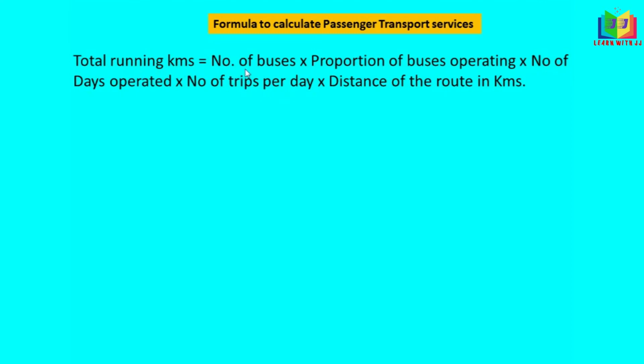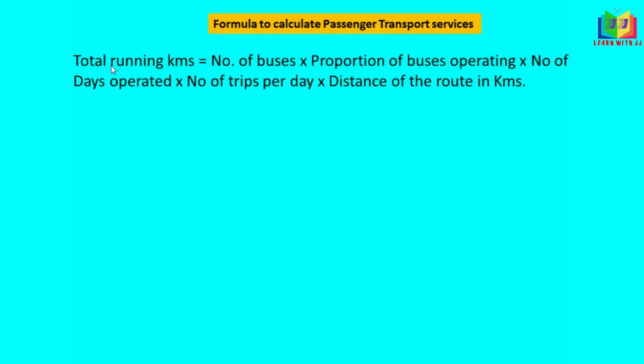For that, we take the number of buses and the proportion of buses operating, because some buses may be laid up for repairs, so we should not take those. Only the effective running of the buses we have to take here. That is the proportion of buses operating, the number of days operated, the number of trips per day, and the distance of the route in kilometers. We have to multiply all these things.